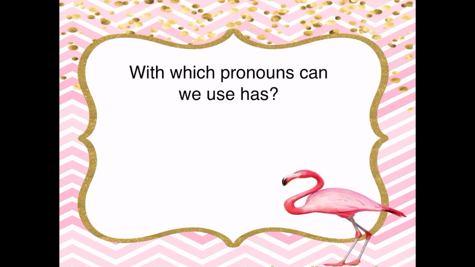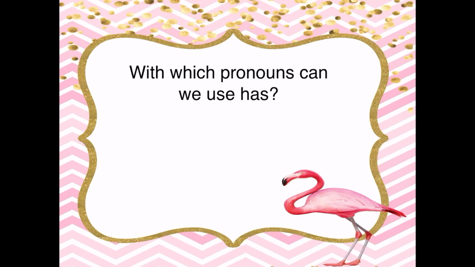And also I can use it with nouns or names like Amal has long hair. Amal has short hair. Amal has black eyes. She has long hair. He has brown eyes.